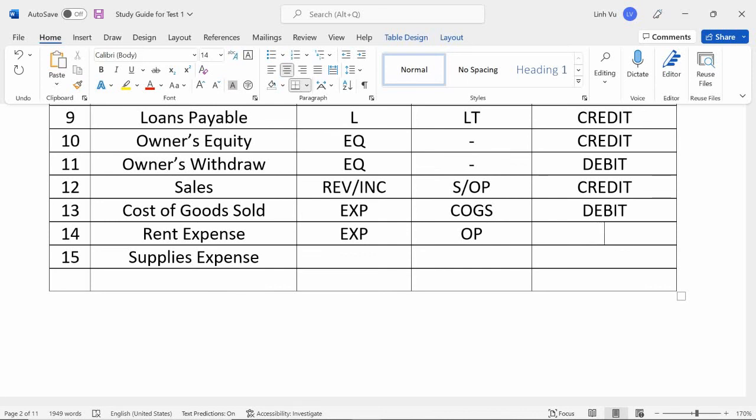Credit. Not credit. Debit. Yes, so remember, assets and expenses usually flow in the same direction. Everything else, so liabilities, equity, and revenues, are all increased by a credit.